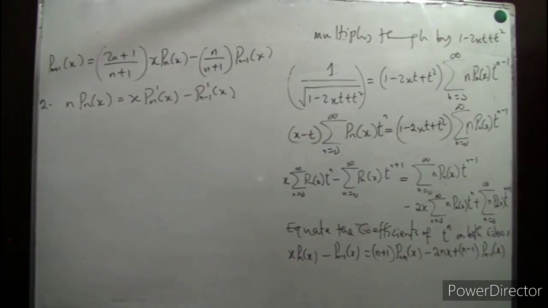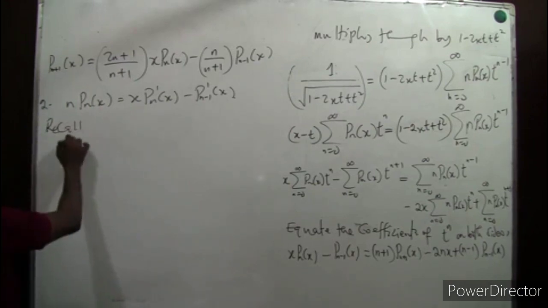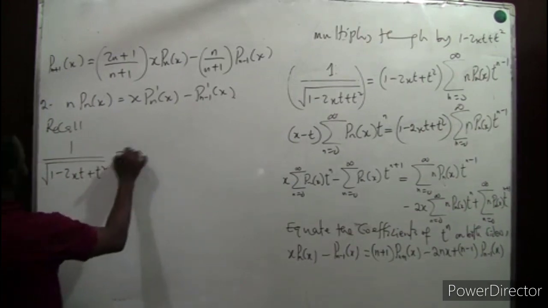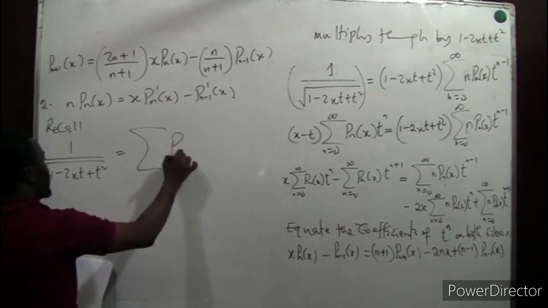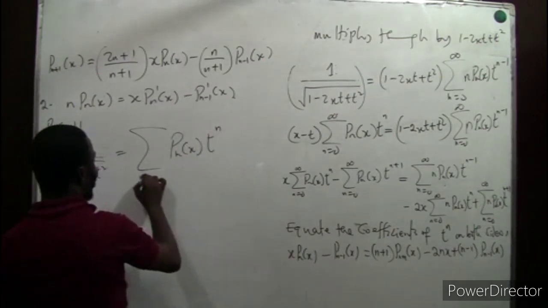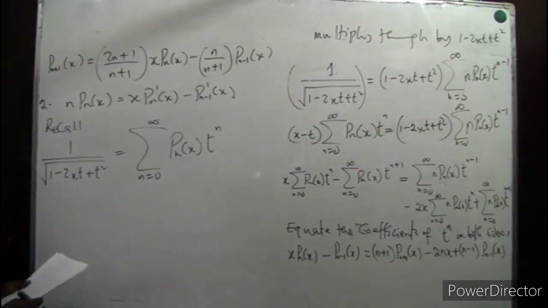We start from our initial step, and that is what we call again 1 divided by the square root of 1 minus 2xt plus t squared, the same thing as the summation of Pn of x t raised to power n from 0 to infinity.